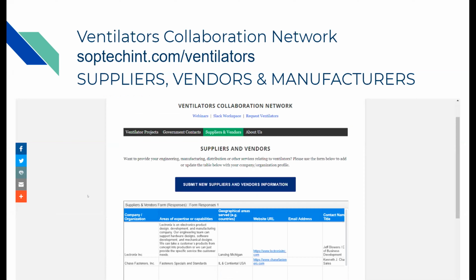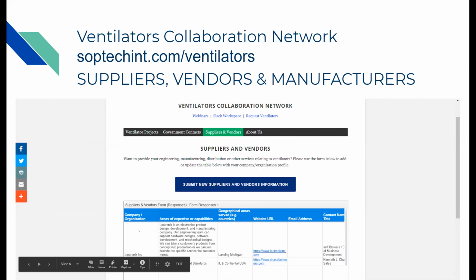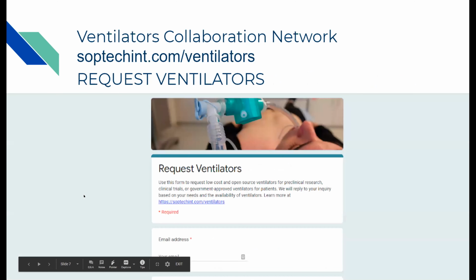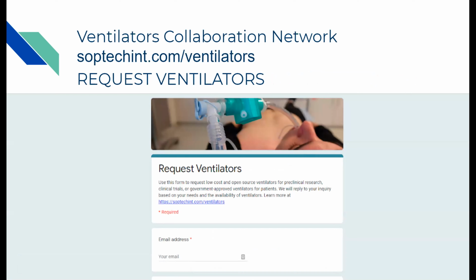The suppliers, vendors, and manufacturers page, similar to the contacts page in the ventilator projects, you can just click that button there, fill out a form, and it will automatically populate the spreadsheet below. I believe there are 30 vendors and suppliers and manufacturers that have already entered their own information in here to say that they are available to help with these projects, either to manufacture parts or to work on engineering efforts.